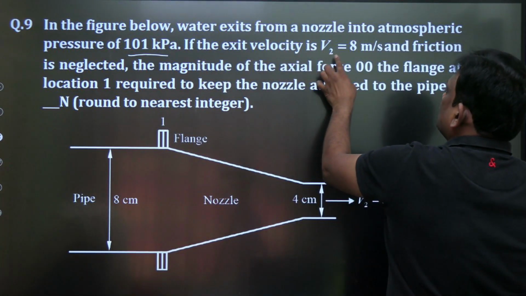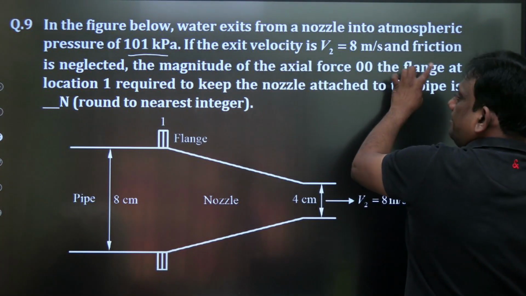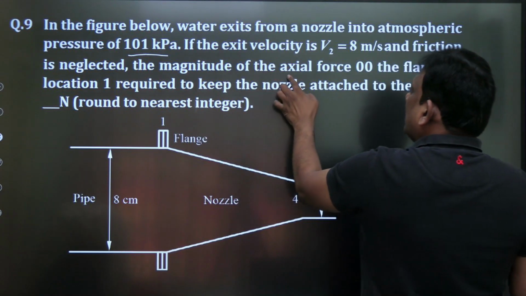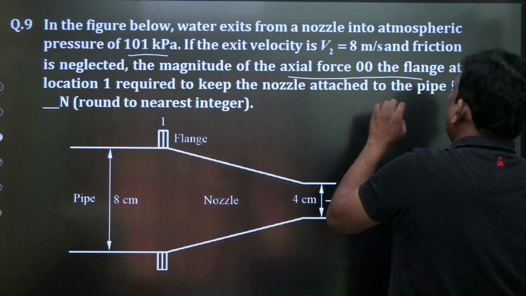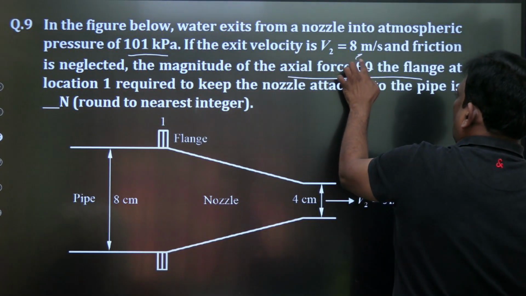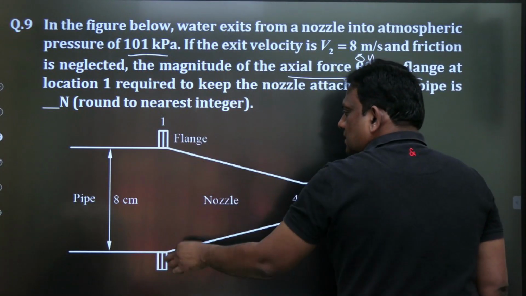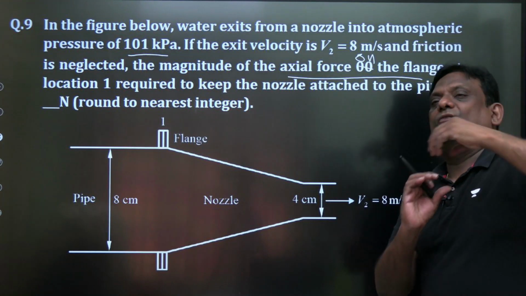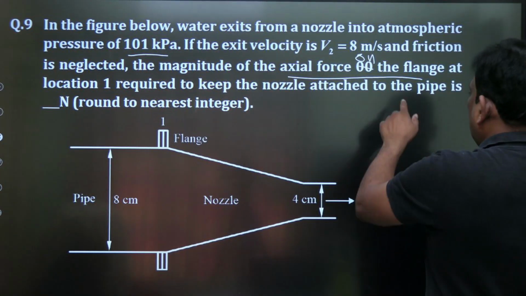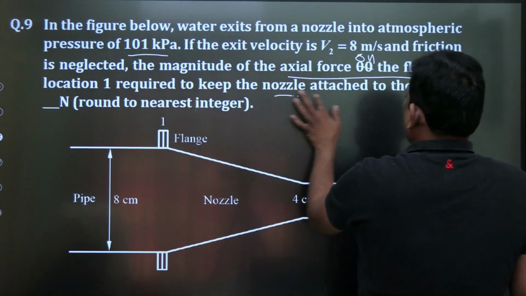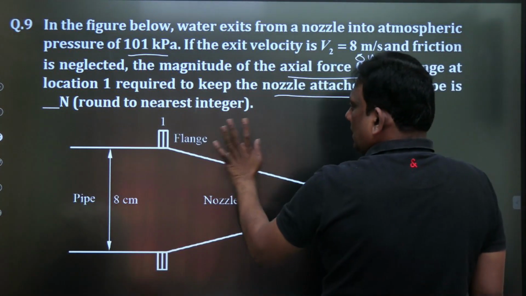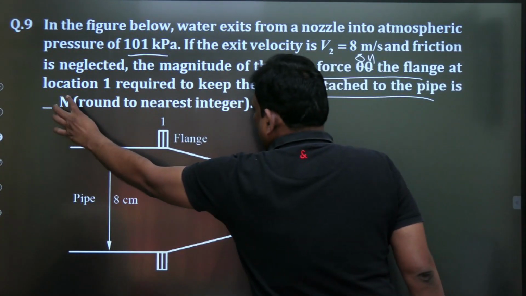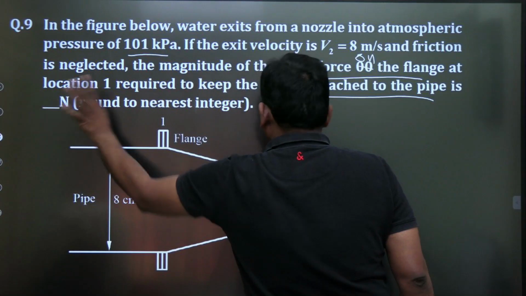If the exit velocity is 8 meter per second and the friction is neglected, the magnitude of the axial force on the flange is required. There is a flange; actually, pipe and nozzle are connected with the help of a flange. Let me explain, sirs. What is the force required to keep the nozzle attached to the pipe? The answer is required in Newton.